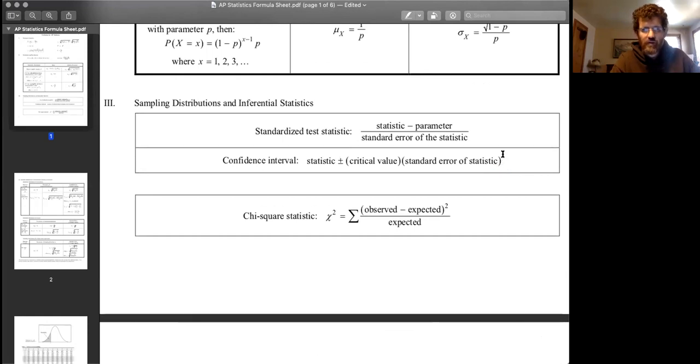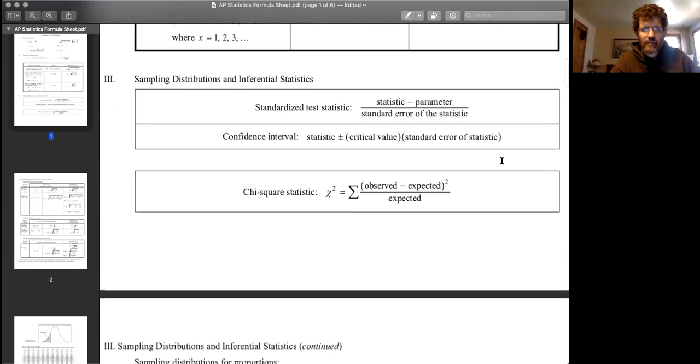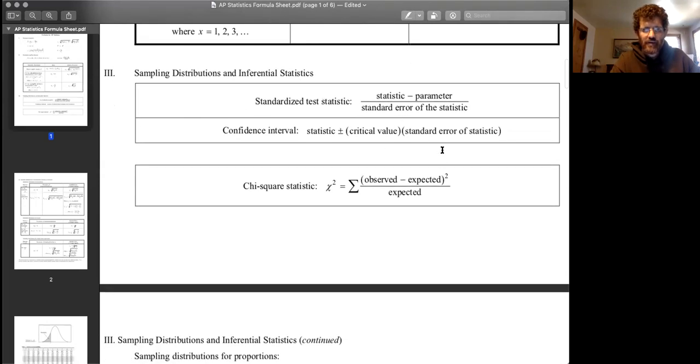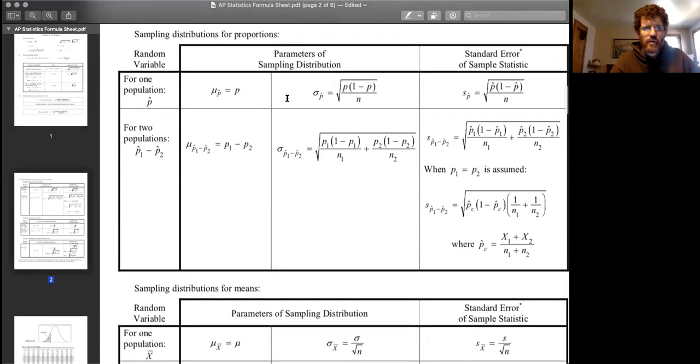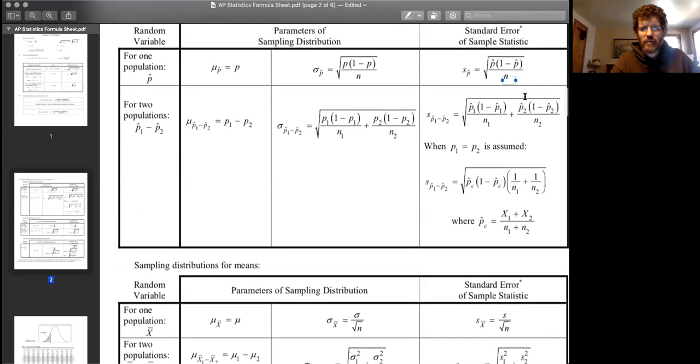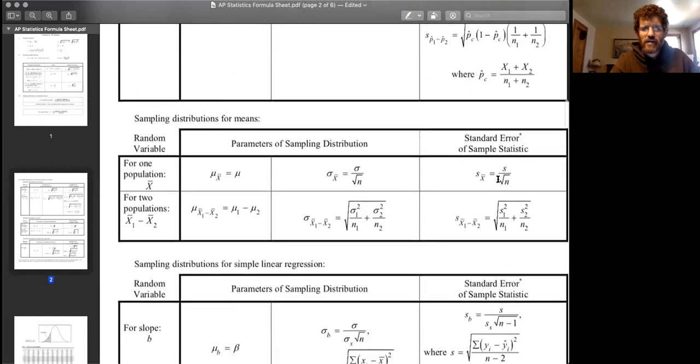So you want to make sure that you can identify that one and you can find it. You don't need to worry about these other things, just a confidence interval. We're going to be working with one population, so we're going to be dealing with the standard error for one sample proportion, and the standard error for one sample mean right here. Those are the only formulas you really need to know.